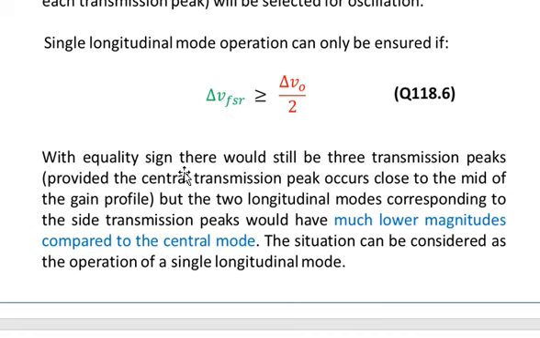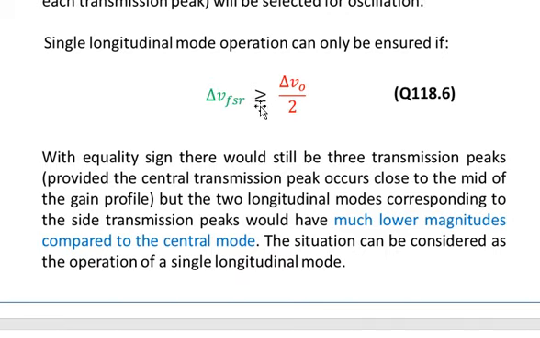With the equality sign, there would still be three transmission peaks, provided the central transmission peak occurs close to the middle of the gain profile. But the two longitudinal modes corresponding to the side transmission peaks would have much lower magnitudes compared to the central mode. The situation can be considered as the operation of a single longitudinal mode.